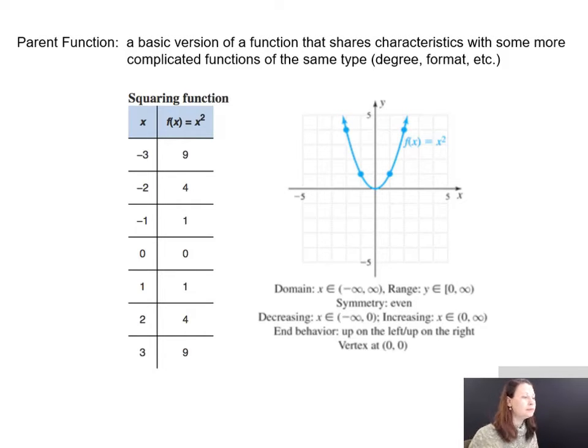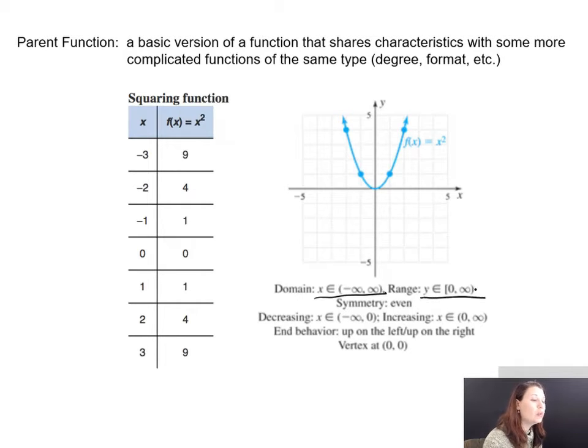Thinking about the domain, you can plug in anything you want: negative, 0, positives. However, when you plug those in, you don't get everything. If we plug in a negative, it gets squared and turns positive. If we plug in 0, we get 0. If we plug in positives, it gets squared and stays positive.